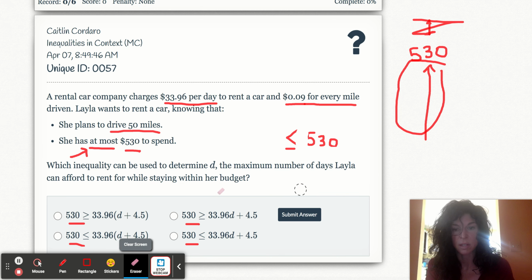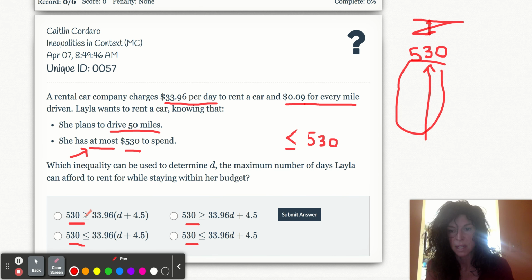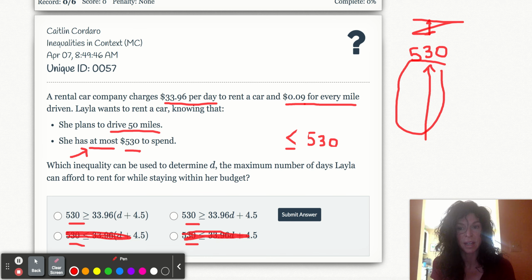So let's look at the options here and think about which one of these has the big side facing 530. This one does, so this is an option. This could be it. This one does not. 530 is less here, so we know this isn't it. So let's cross that out. And same with this. Okay, so we have already narrowed it down. We've got a 50-50 chance of getting it right.